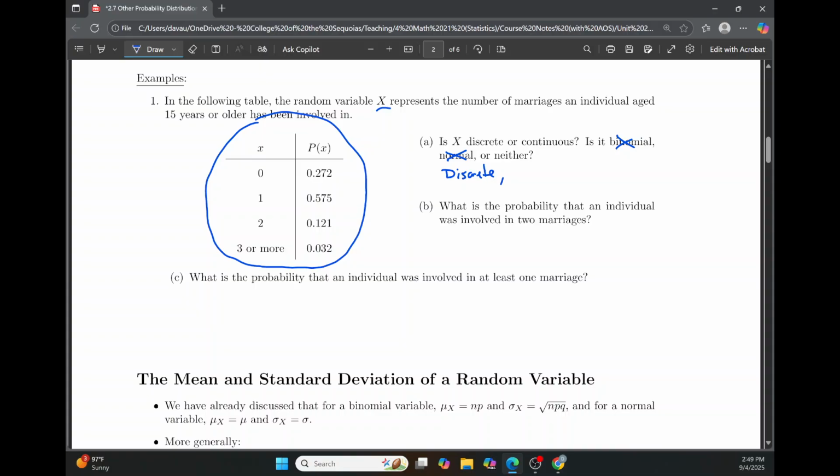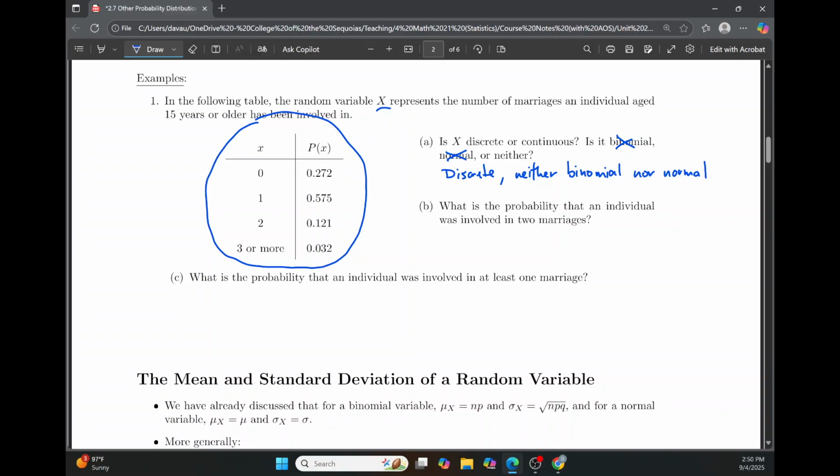It's a discrete variable, but it's neither binomial nor normal. So that just goes to show you that there can be random variables that are neither binomial nor normal, right? There are other kinds of random variables.